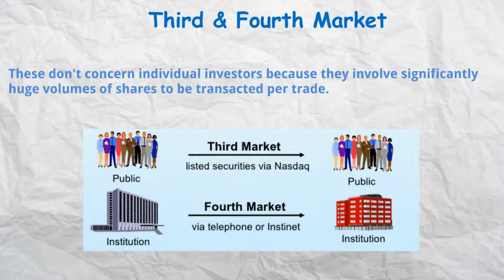The fourth market is made up of transactions that take place between large institutions. The main reason these third and fourth markets occur is to avoid placing these orders through the main exchange, which could greatly affect the prices of the security. Since access to the third and fourth market is limited, their activities have limited effect on the average investor.